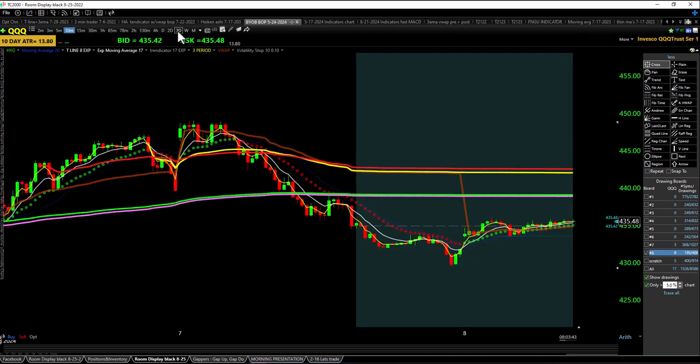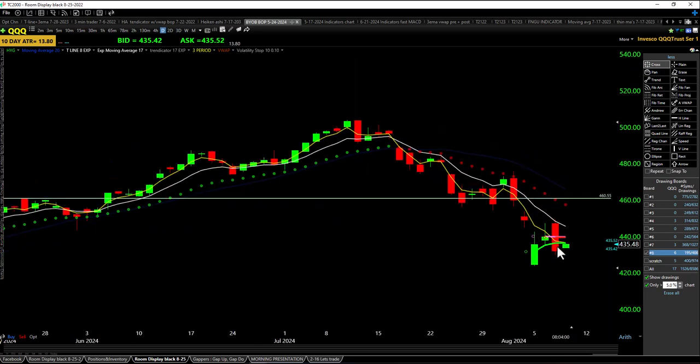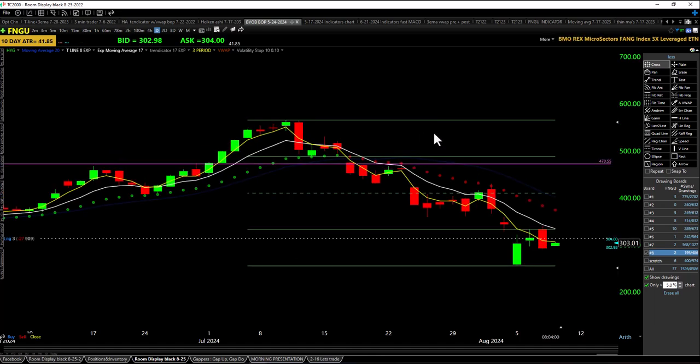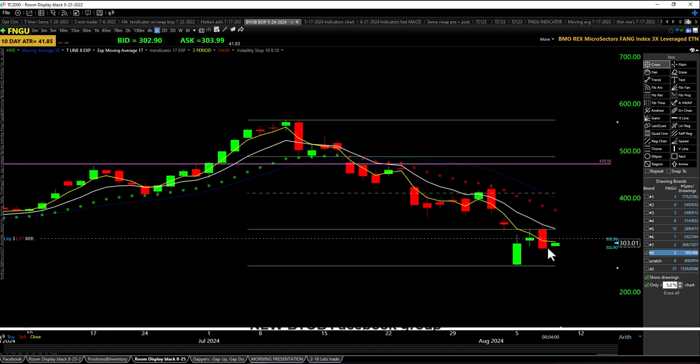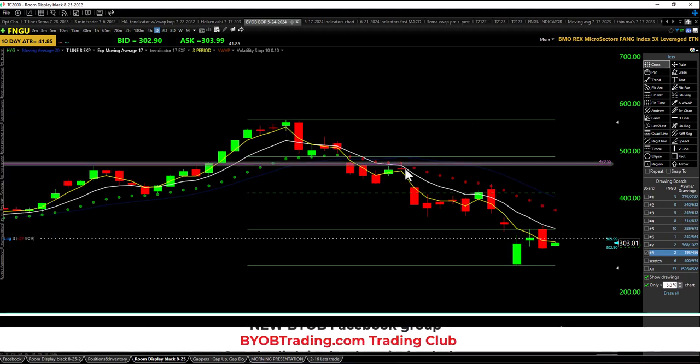So, anyways, QQQ. Daily chart on QQQ. Outside day, higher high, lower low, closing under the bearish trap, under the 17 EMA. QQQ still in a downtrend. FNGU, outside day, higher high, lower low, closing under the bearish trap, under the 17 EMA, still in a downtrend.